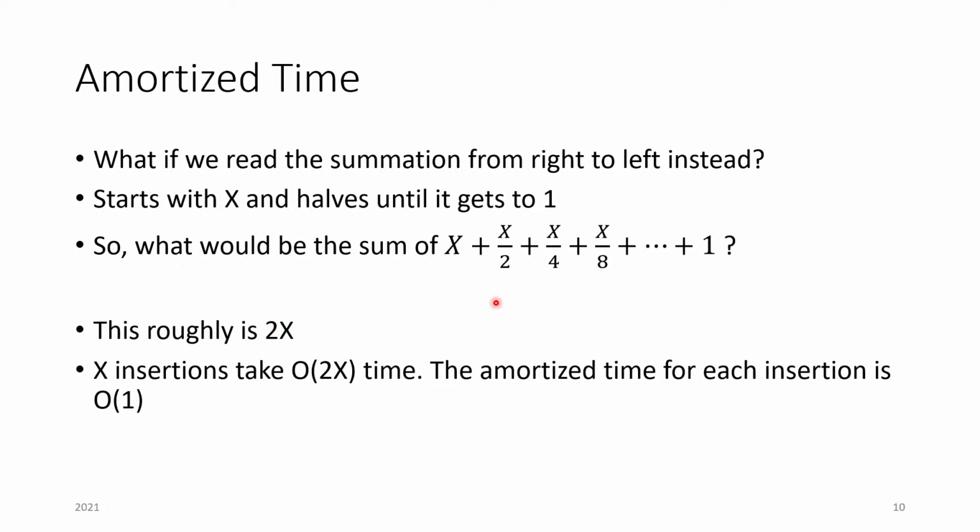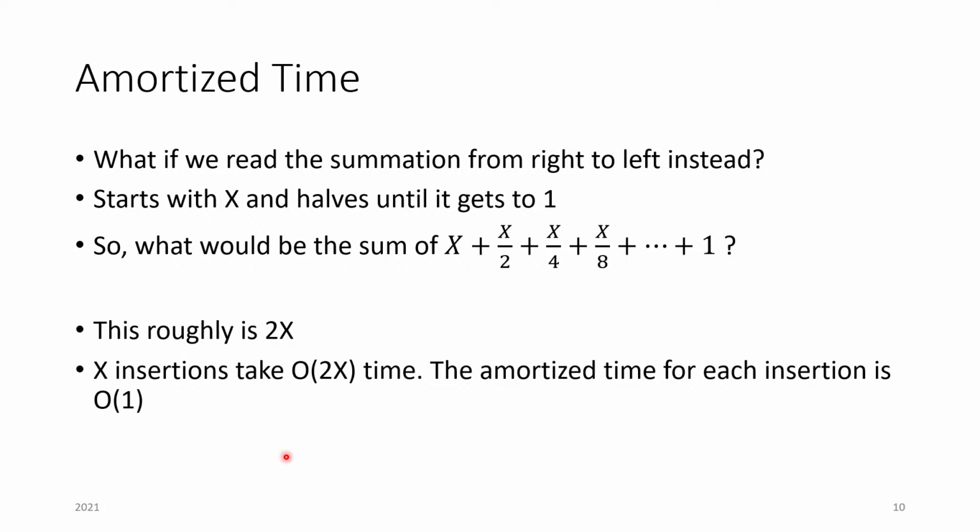Because we know that it operates O of 2x in the reverse, that means going forward, it's going to be O of 2x as well, because it's just a reverse in direction. So those x insertions that we saw there are going to end up taking O of 2x time.